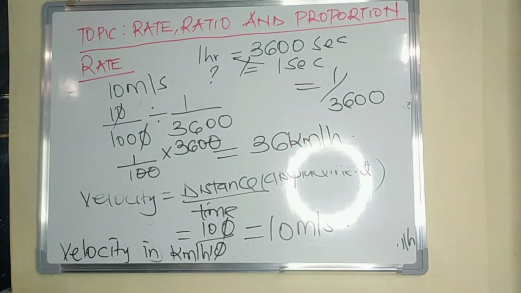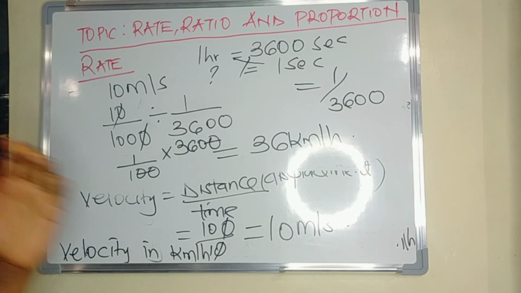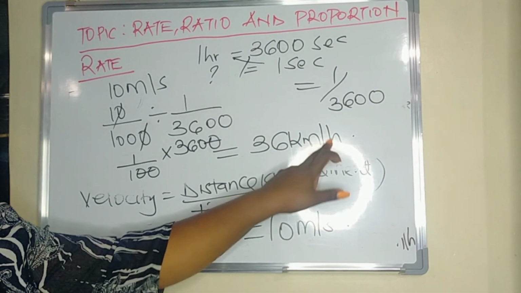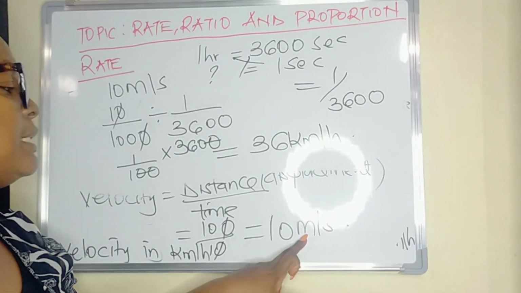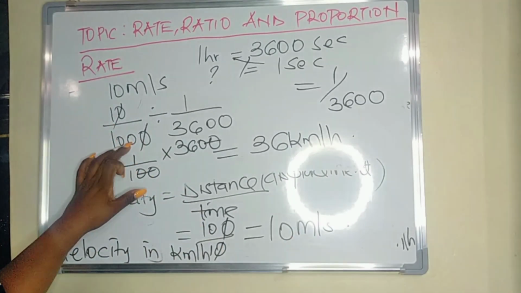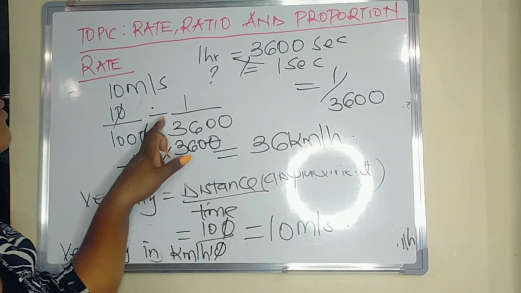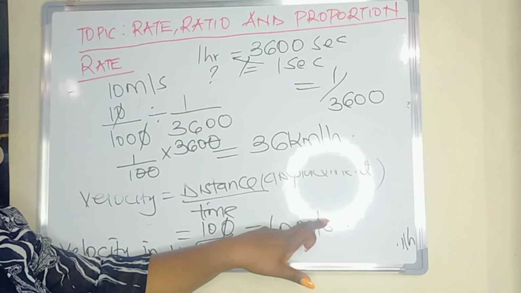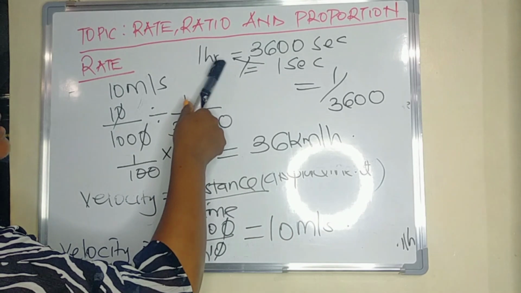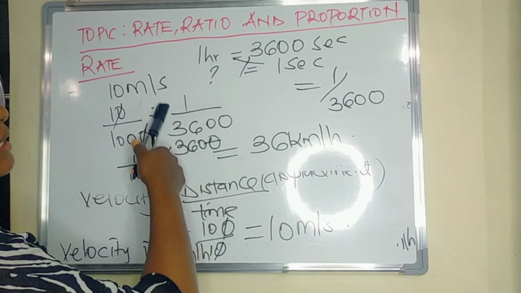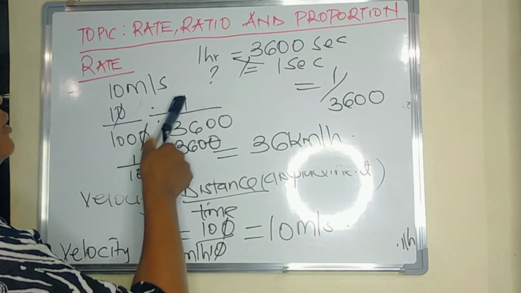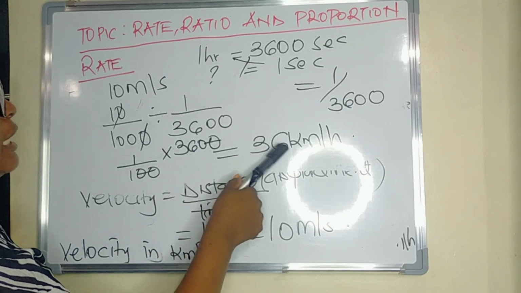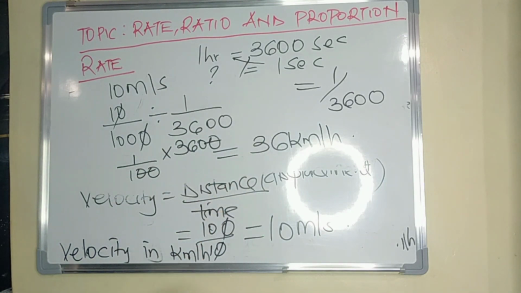So that is how you do it in order to change meters per second to kilometers per hour. First of all, convert your meters to kilometers by dividing by 1,000. Then this per means divide by. Per second means 1 second. So we need to know 1 second is equivalent to how many hours for us to be able now to calculate this value in kilometers per hour.